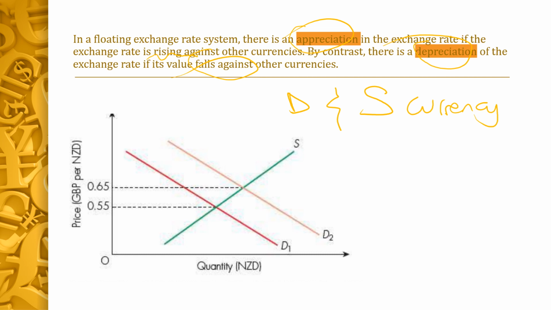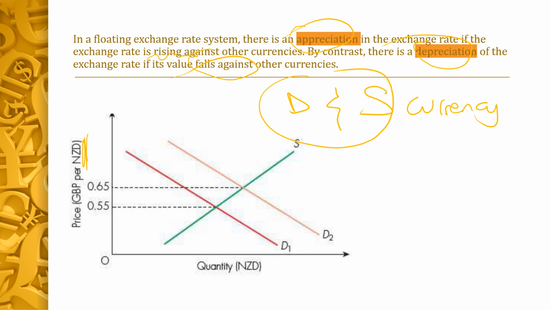Countries that adopt this system allow the value of their currency to be determined by the demand and supply of the currency itself. If banks in New Zealand offer investors higher interest rates than those in the UK, this can cause investors to take advantage by buying the New Zealand currency.